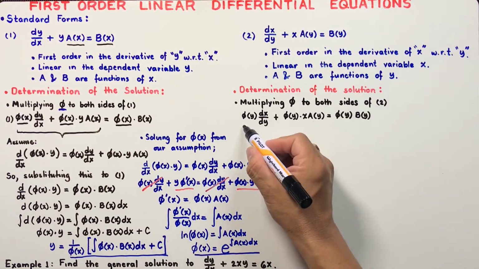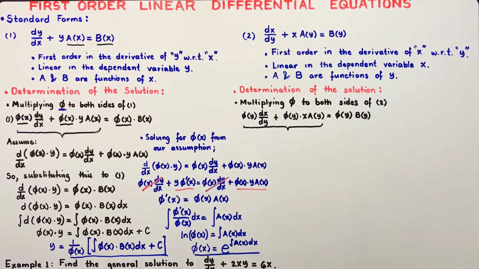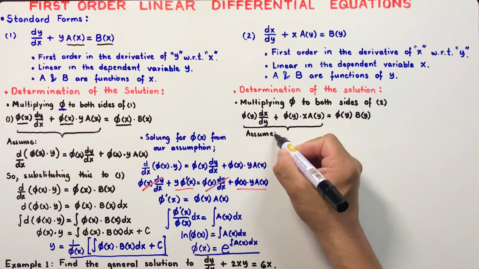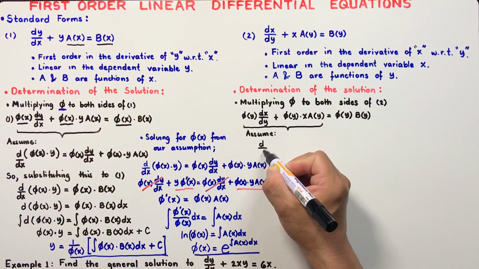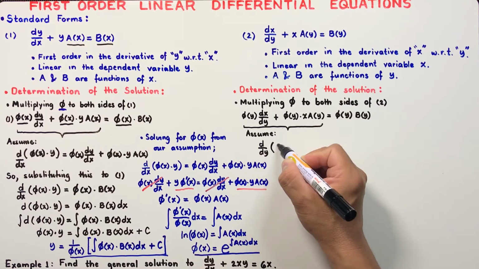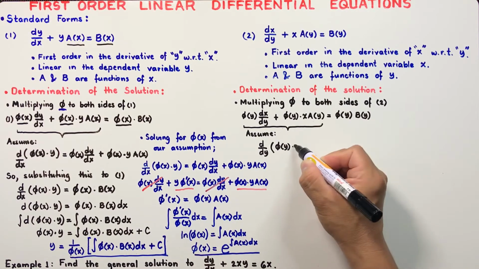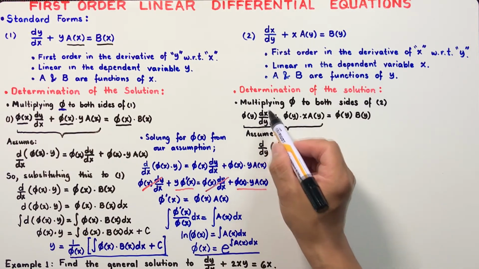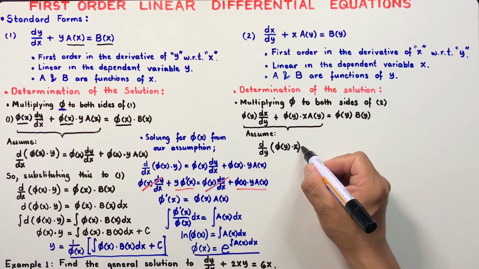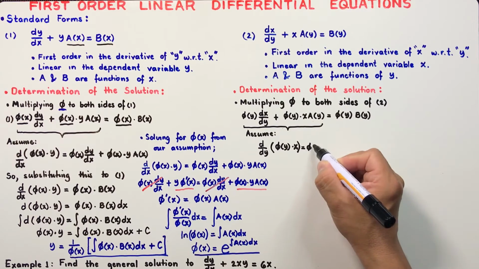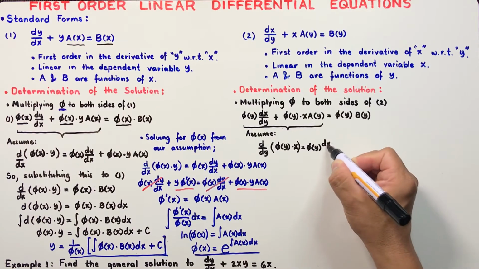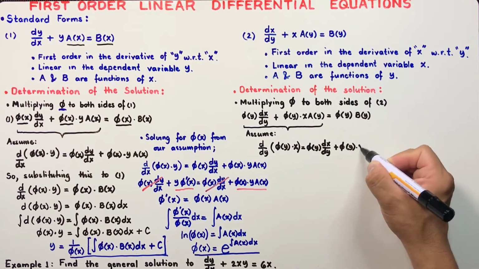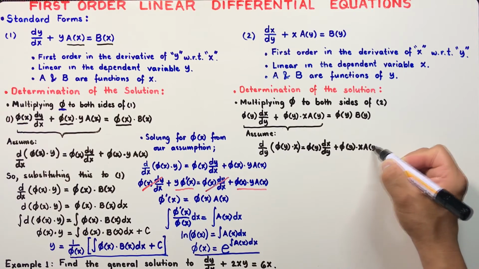And again, we notice that this is somewhat like a derivative of a product. So let us make our assumption here that this is a derivative of a product of phi of y and x here, because it involves phi of y and the dependent variable x. So this is equal to phi of y times dx/dy plus phi of y times x times a of y.